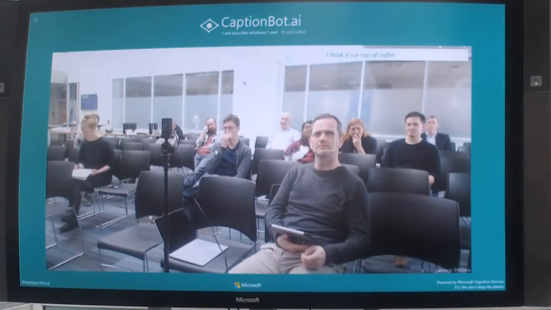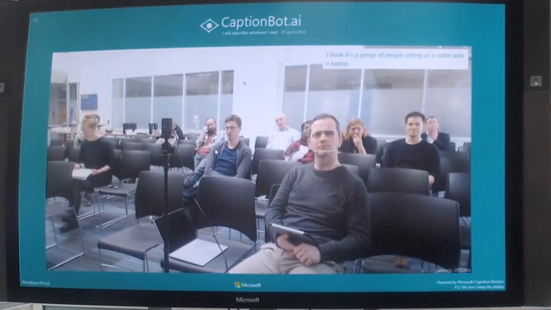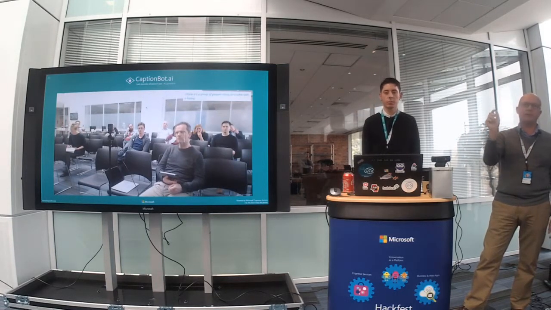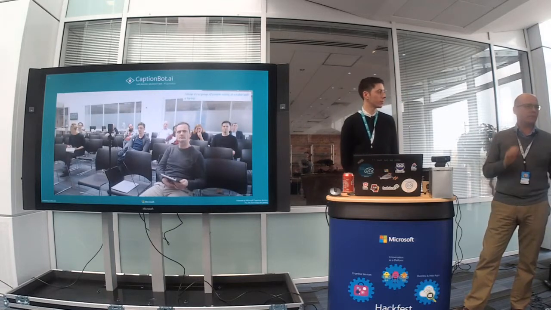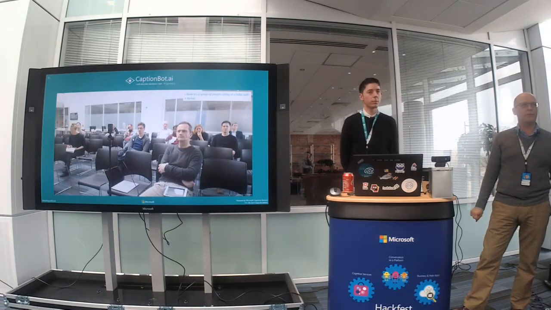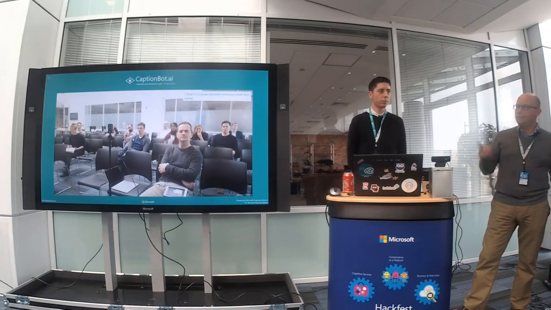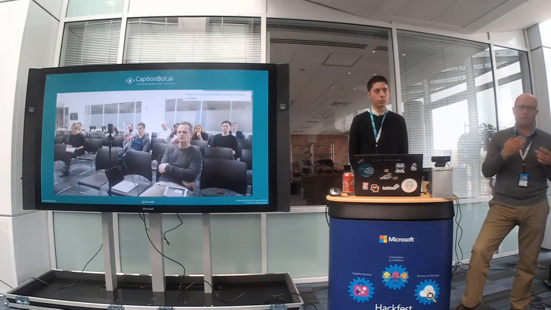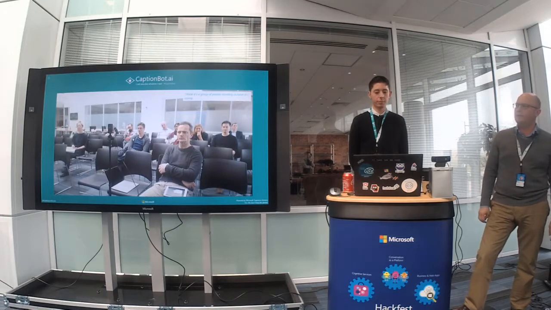So you're getting back a tagged image. So this will return back, it's a room, it's people, it's seating arrangement, but also returns this kind of a caption descriptive response, right? So that you can use. This Caption Bot AI, as Adam said, is actually also a website that we've built just to play with the responses, so you can use it and just upload your photo.